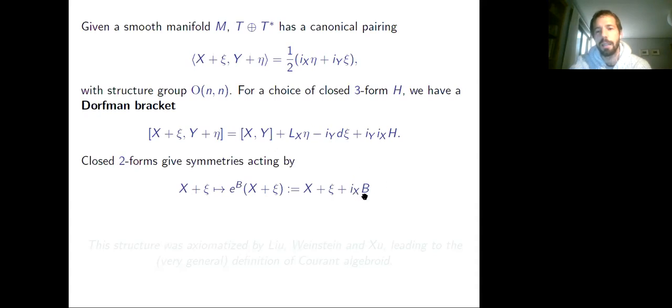And one can see that if B is closed, this preserves this full structure. So it's very simple to check that just for being a two-form, this is going to preserve the pairing. And then for the bracket, you need to impose closedness on the two-form.